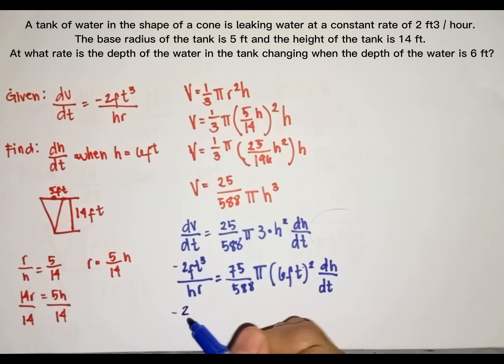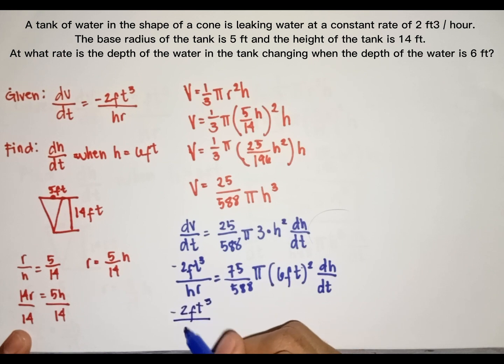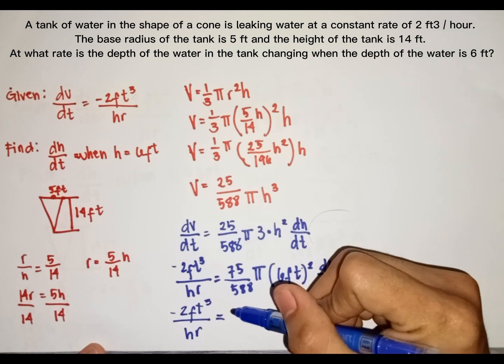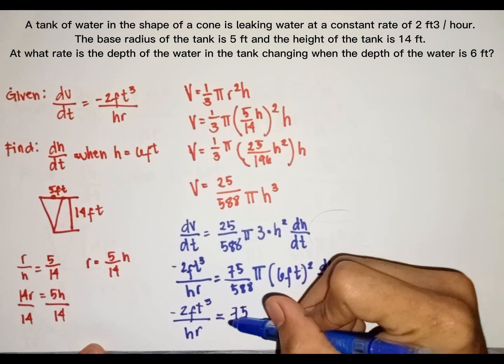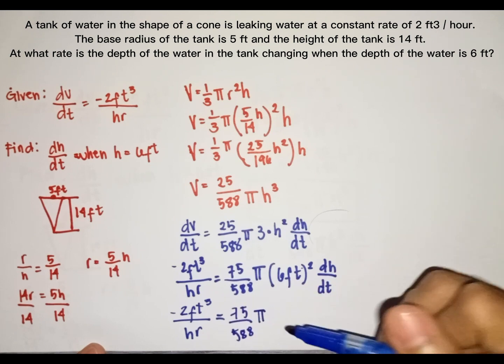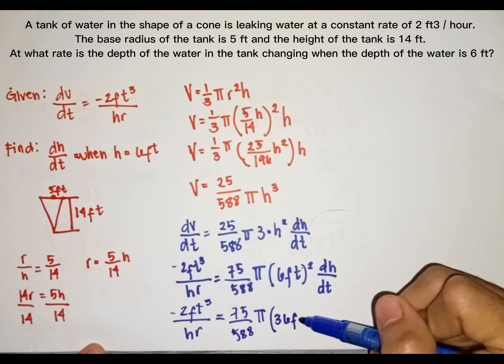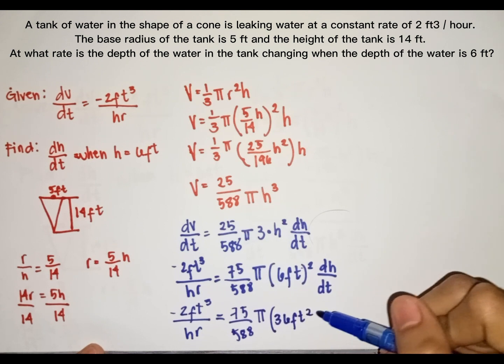So negative 2 cubic feet per hour is equal to 75 over 588 pi, and then 6 times 6 is 36 feet squared, times dh over dt.